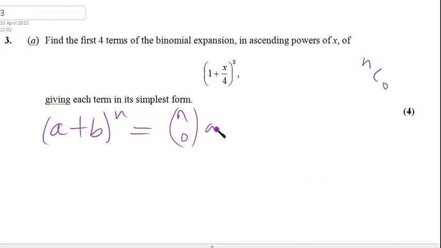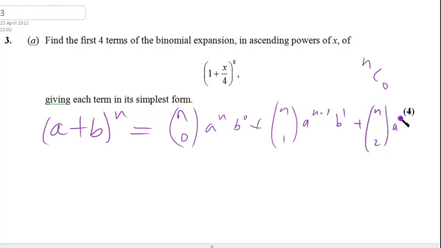And we have a to the n, b to the 0, plus nC1 a to the n minus 1, take off 1 power, b to the 1, plus nC2 a to the n minus 2, b to the 2, and so on. You just keep going along.